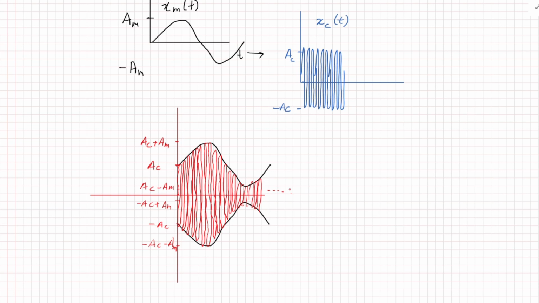So this is how the amplitude modulated signal will look like. Now we can remove the boundaries that we had drawn for our own understanding, and we can see this is how our amplitude modulated signal will look like.